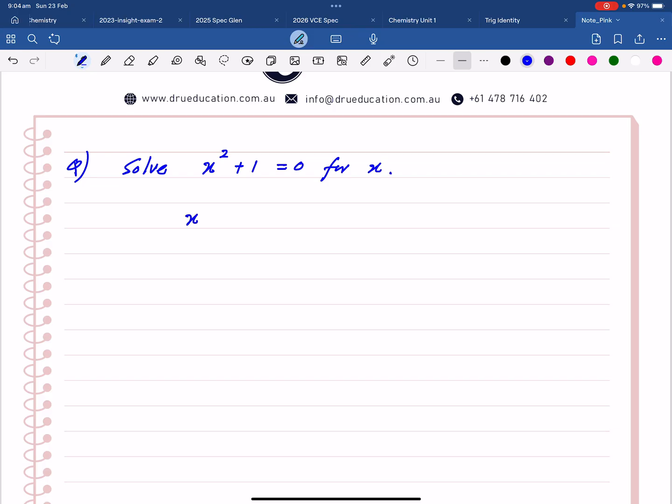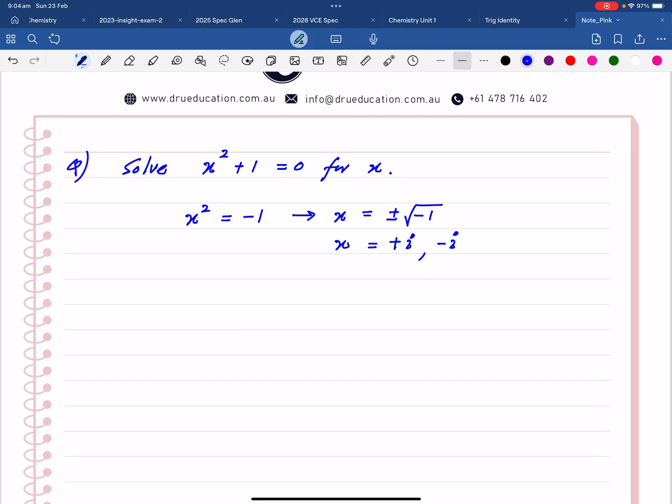Now what you do is x squared is equal to minus 1, then x is equal to plus or minus the square root of minus 1. Now the square root of minus 1 is i, so this is going to be plus i or minus i, right? Okay, so that you know.